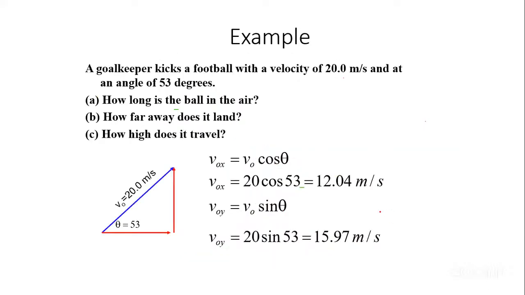Right. So here we have an example. A goalkeeper kicks a ball with a velocity of 20 meters per second at an angle of 53 degrees. How long is the ball in the air? Then how far away does it land? How high does it travel?